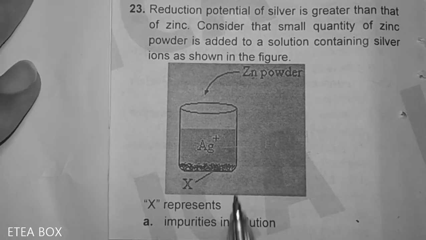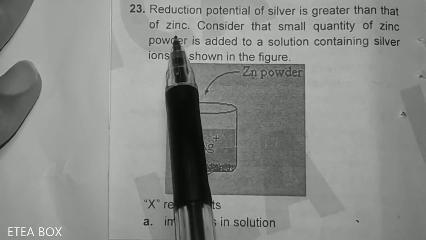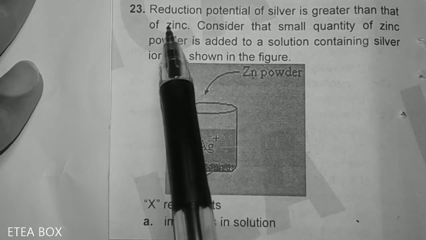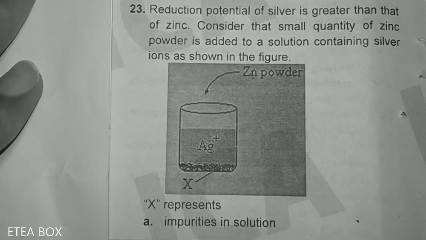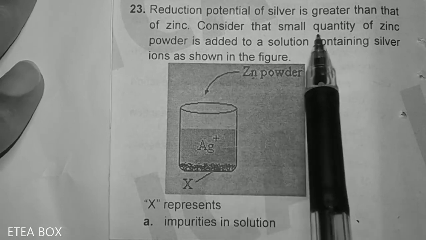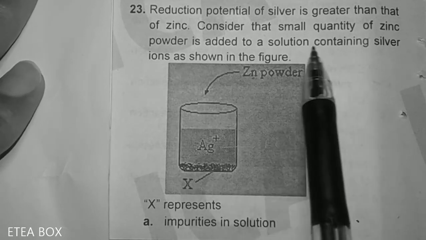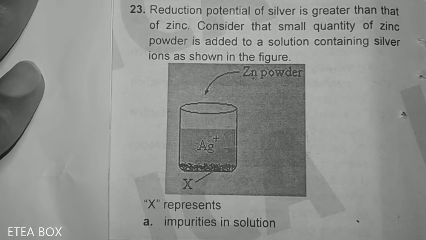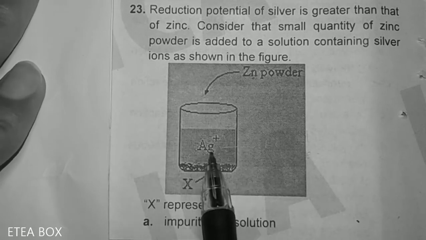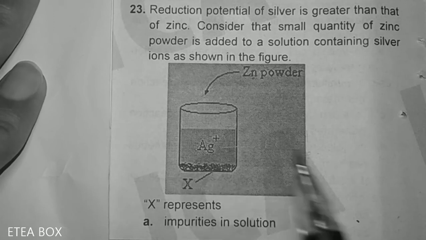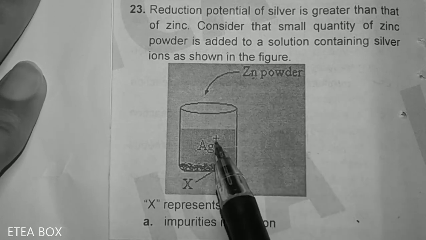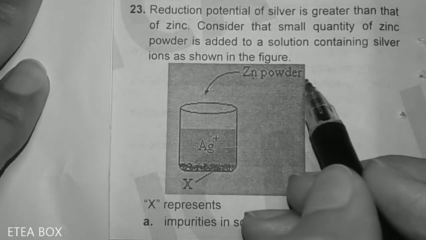23. Reduction potential of silver is greater than that of zinc, so it means that silver will gain electron and zinc will lose electron. Consider that a small quantity of zinc powder is added to a solution containing silver ion as shown in the figure. Now look at here, this one is the solution and silver ion is present here. Now if we add the zinc powder here, then what will happen?